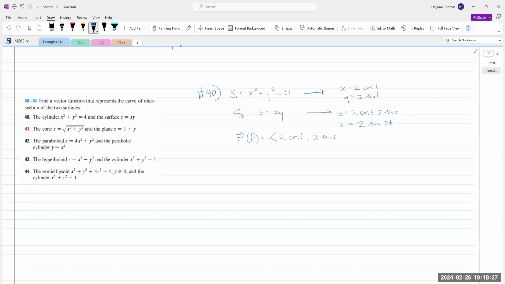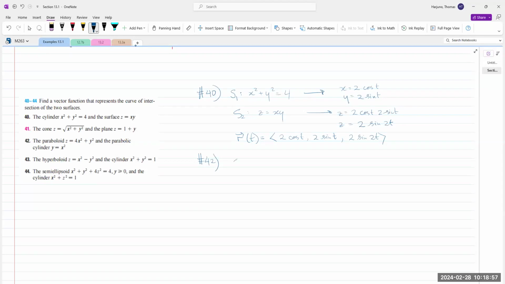Notice that it must be on the cylinder, right? And it is also on the surface z equals xy. Don't forget, 2 sine t cosine t is sine 2t, but that's something I do expect you to already memorize though. Okay, number 42.